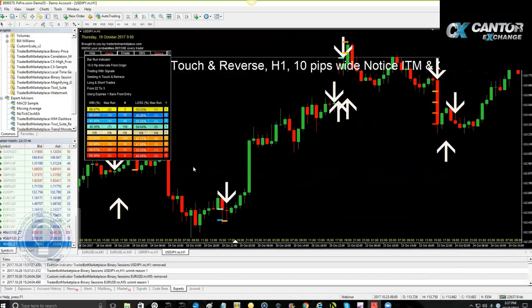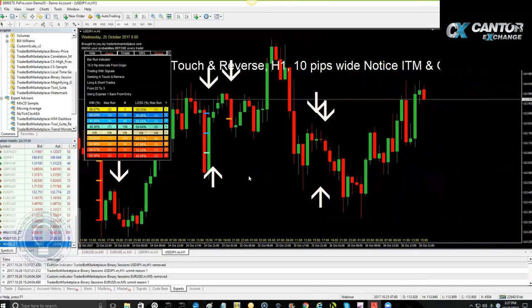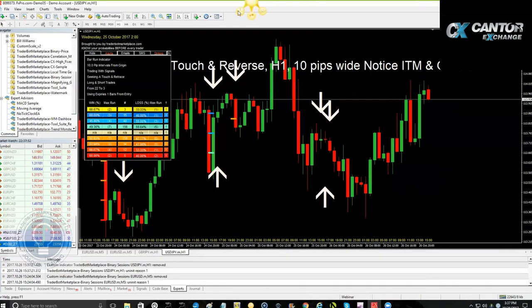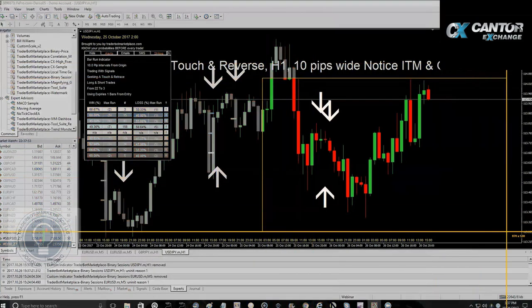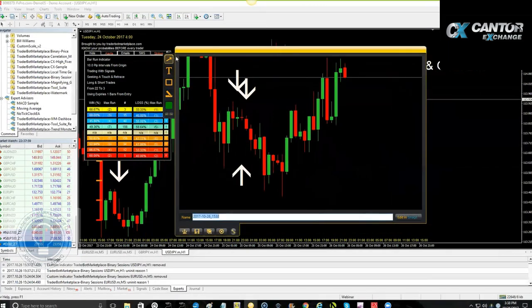I'm trying to find an easy one because I only have a few minutes left and it's difficult to show you this, but I'm going to try to explain it. Let's just take any candlestick here.